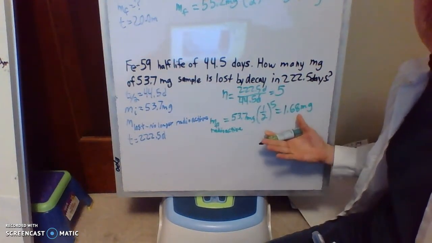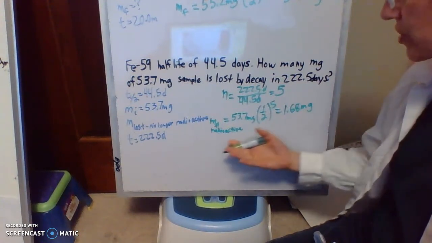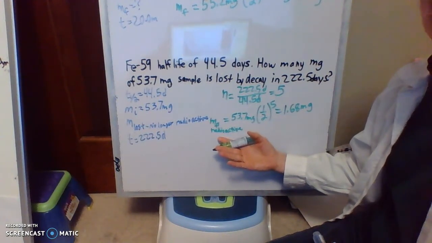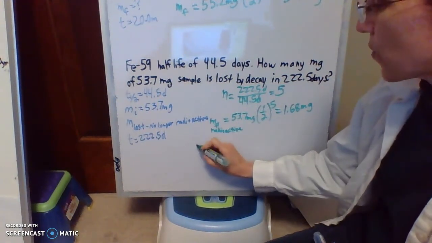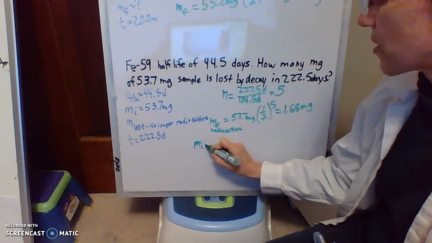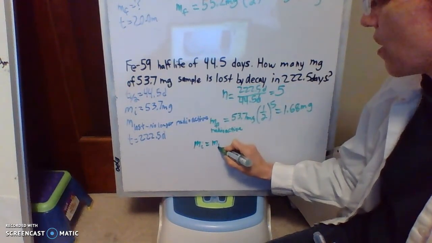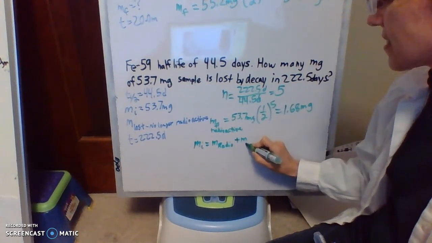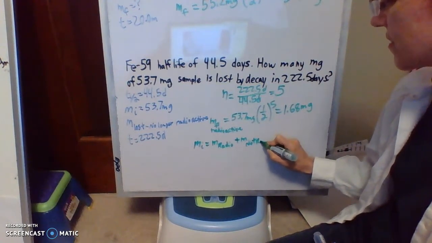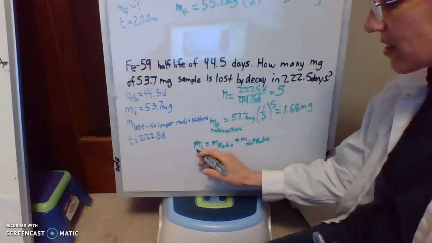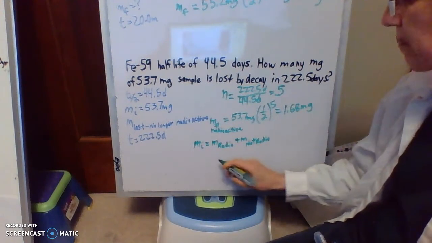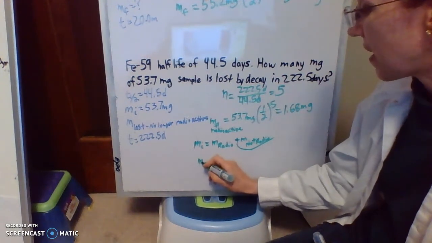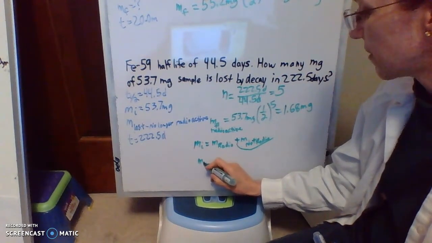So is that what it asked us for? Did it ask us for how much is still radioactive? No, it asked us for how much is lost, how much is no longer radioactive. So the mass that we started out with is going to be the mass of what is radioactive plus the mass of what is not radioactive, right? Because this has to be one of those two things in the end. So we can solve for the mass of what's not radioactive by just subtracting.